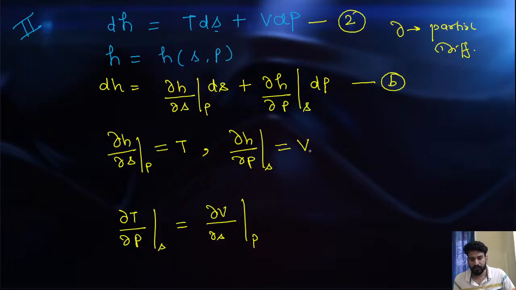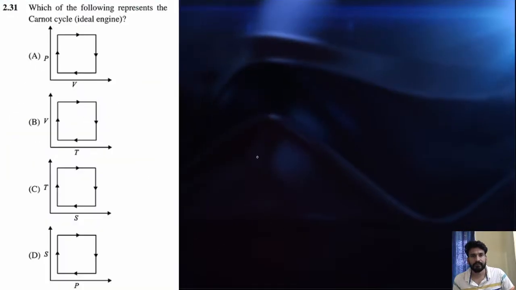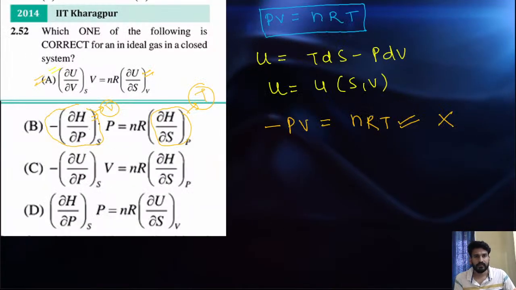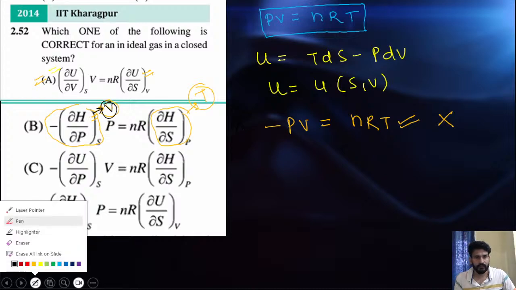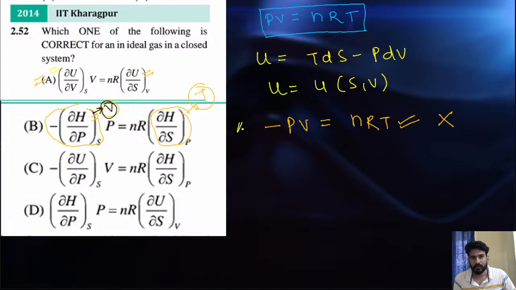But you can see it is my −∂H/∂P, so this stands for the V. That is my −PV, my option A.